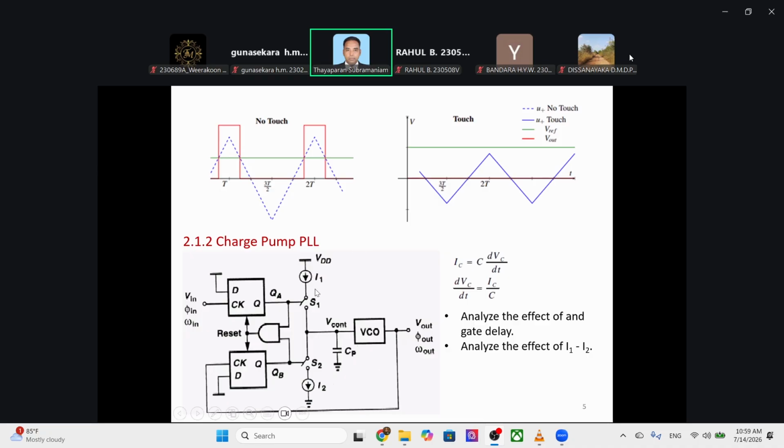If there's a mismatch, the balance has to go through this path. Again, there's an assumption that the input impedance of the VCO is very high, so the current to the VCO is negligible. Whatever remaining current goes through CP. CP needs a bigger capacitance, or we have to calculate the capacitance accordingly.